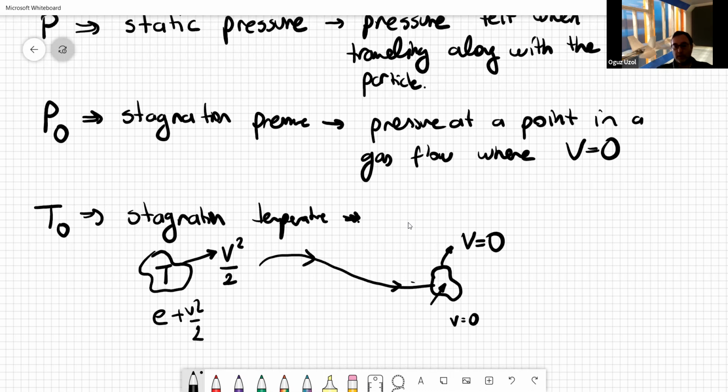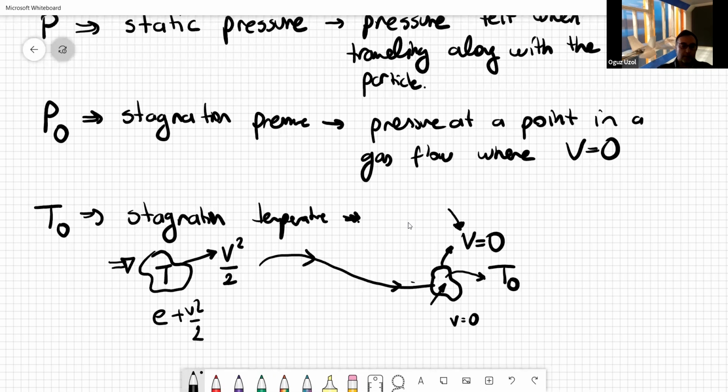Because energy must be conserved, the internal energy level at the stagnation state, where the velocity is equal to zero, must be equal to the total energy level while it was actually moving a few minutes ago. So the temperature that it reaches at this new internal energy level is called stagnation temperature, T0, okay? It is very much important in terms of compressible aerodynamics calculations.